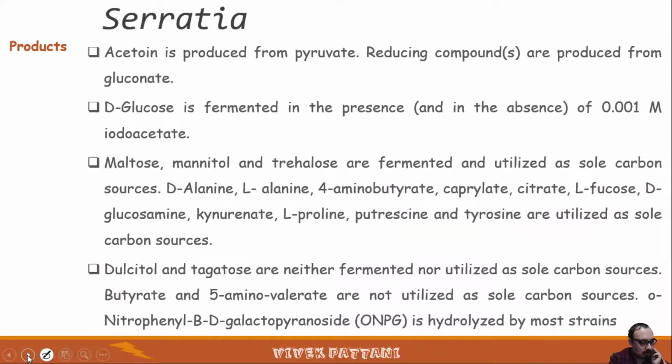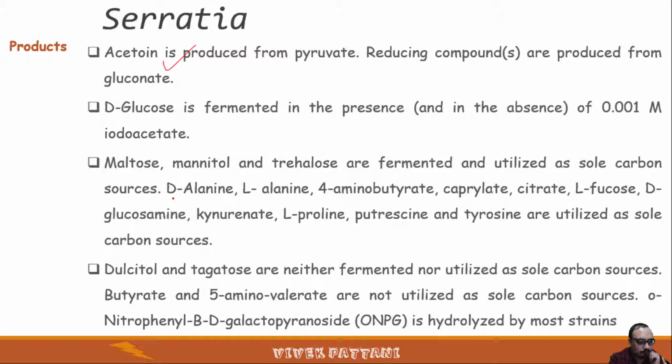Those are the growth requirements. Now, which products are basically produced by the Serratia species? Acetone. Glucose is fermented, and maltose, mannitol and trehalose are also fermented.